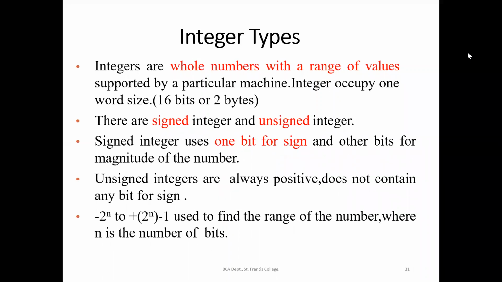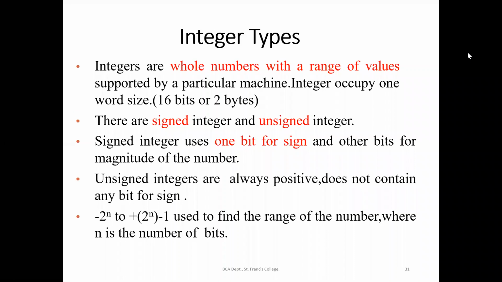If it is a signed integer, it has to be given as signed int. Unsigned means we can directly give int. When we specify a signed integer, 1 bit will be reserved for the sign to store the negative sign. Got it? And the other bits are used for the magnitude of the number, that is, to store the number.